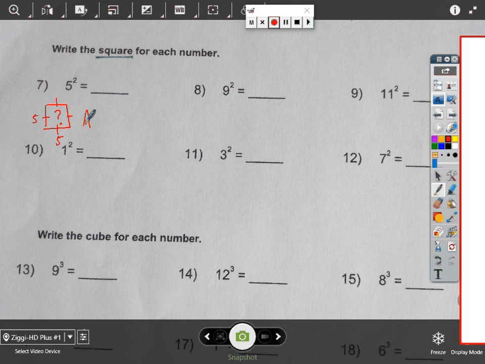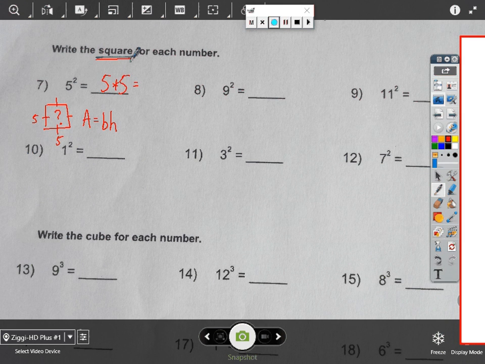Area equals base times height, or length times width. I get to write that 5 2 times. I only need 2 dimensions, and I will multiply to find a good answer. So I'll let you practice that for me in this section. Notice it looks like the bases are changing, but the exponents are all this little tiny 2. They're all squared. That's why it says find the square for each number.